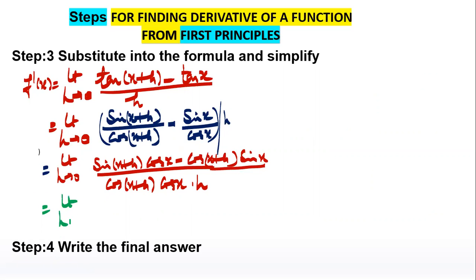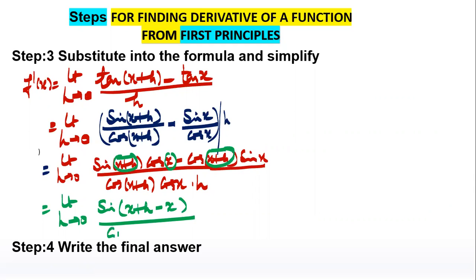Limit h tends to 0, sin a cos b minus cos a sin b. We know the formula, it is sin(a minus b). This is a, this is b. So it will be sin(a minus b), and the denominator remains as it is, cos(x+h) cos x into h.